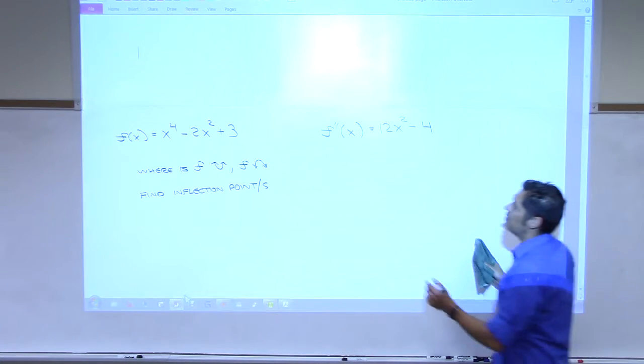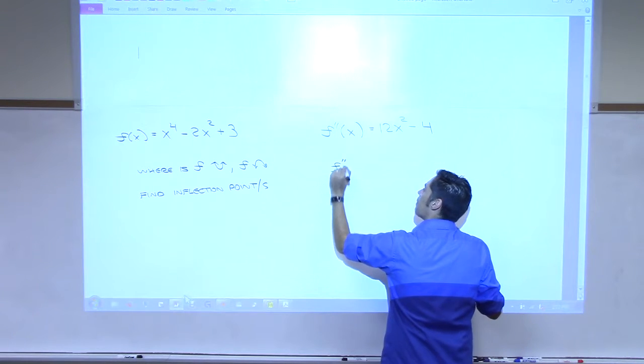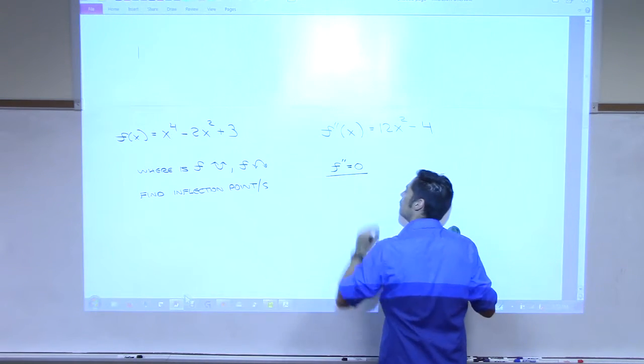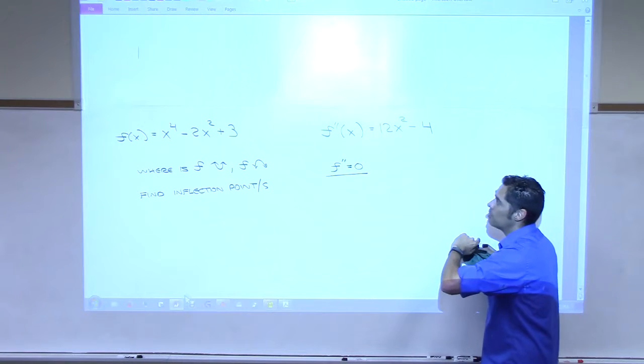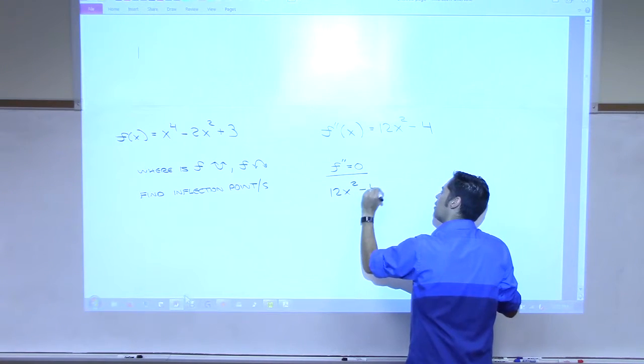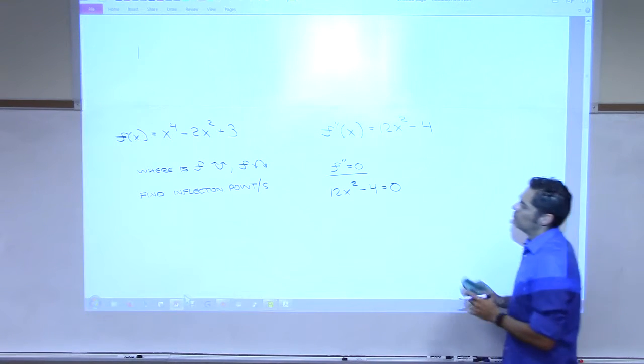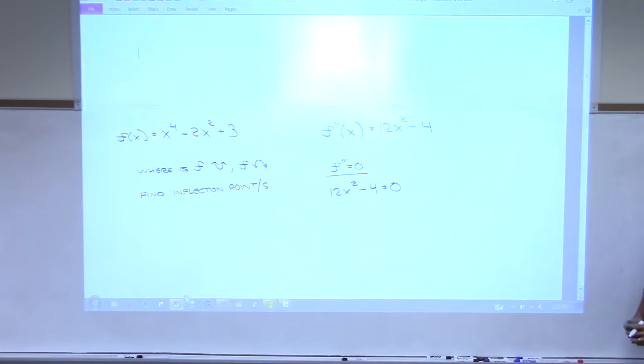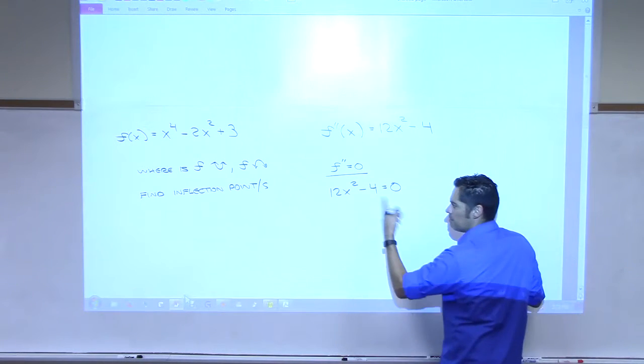Let's take this second derivative and set it equal to 0. So 12x squared minus 4 equals 0. You could factor out a 4, or divide both sides by 4. This is going to be, I hope, a pretty clean thing to solve.